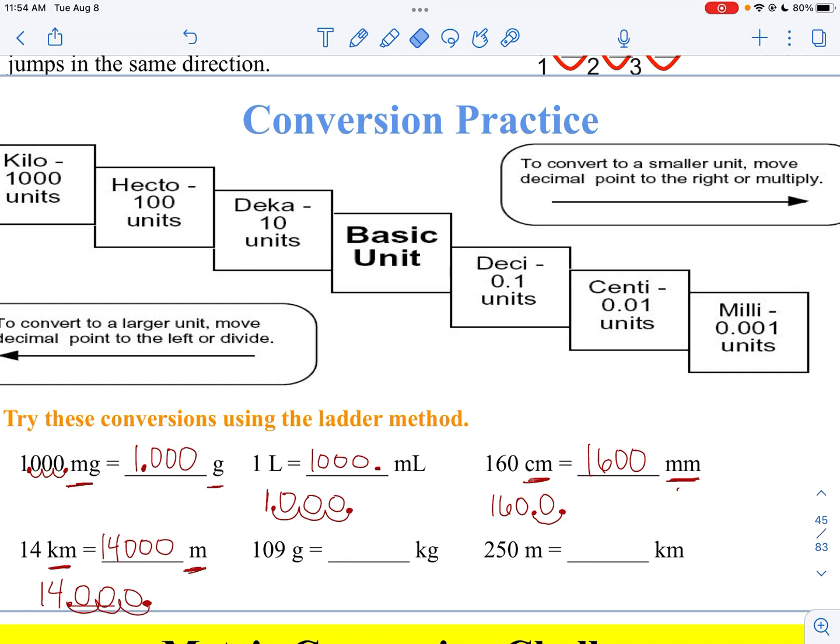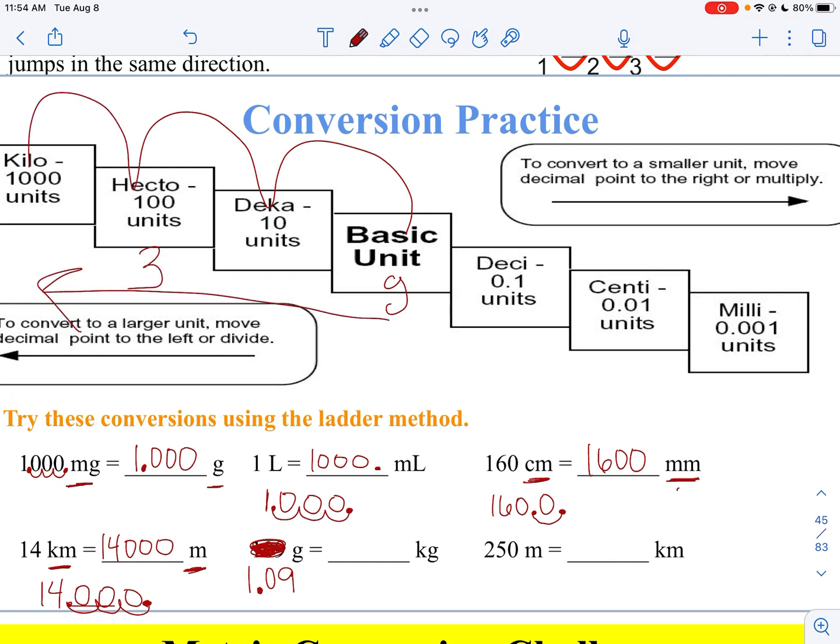Let's change one of these and give us one that's a little bit different. Instead of this being 109, I'm going to cross this out, and you can do this in your notes too. Let's say it's 1.09. So I have 1.09 grams, and I need to go to kilograms. Remember, gram is just a basic unit. So I'm going to go 1, 2, 3. I went 3 steps to the left.